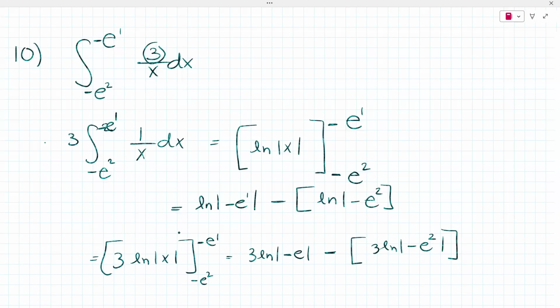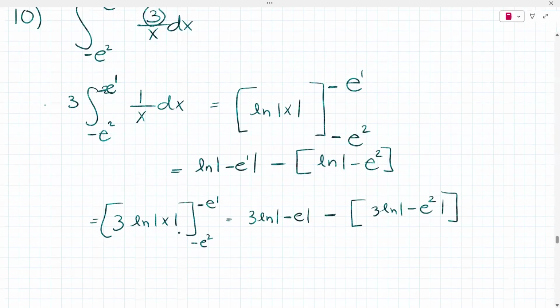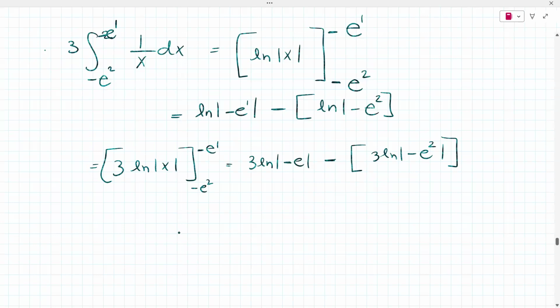And what we know is the absolute value of negative e is e, so it's going to be 3 ln of e minus 3 times ln of the absolute value of negative e squared, which is just positive e squared. And what else do we know? We know that ln and e are inverses, so that just becomes 1. So what's 1 times 3? 3.